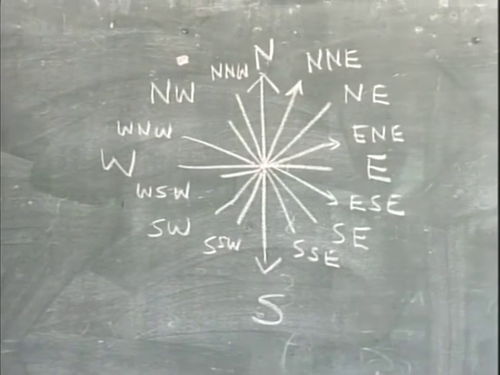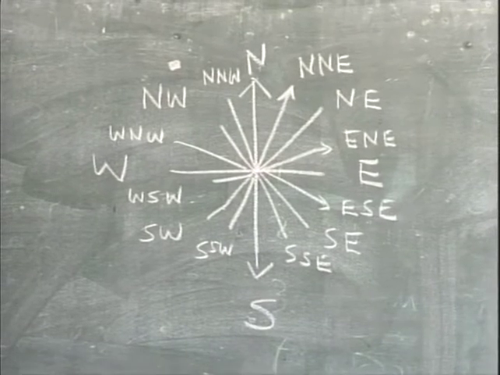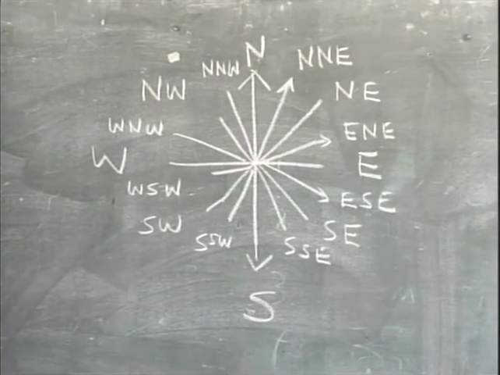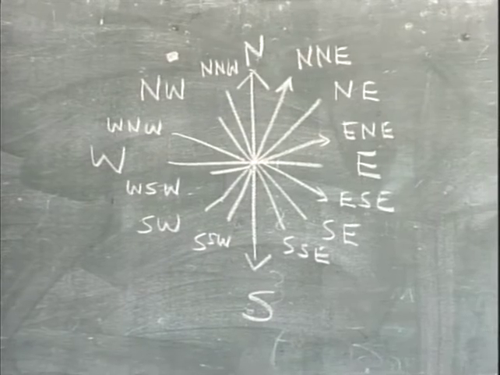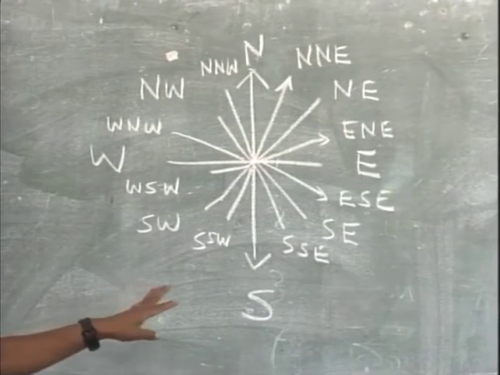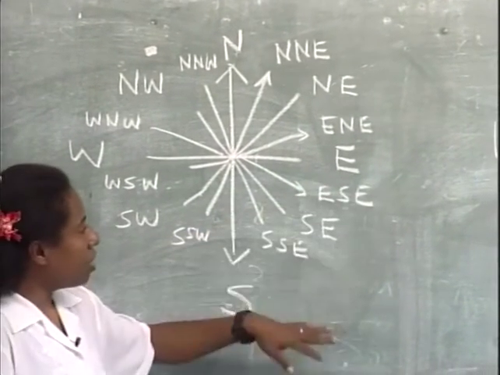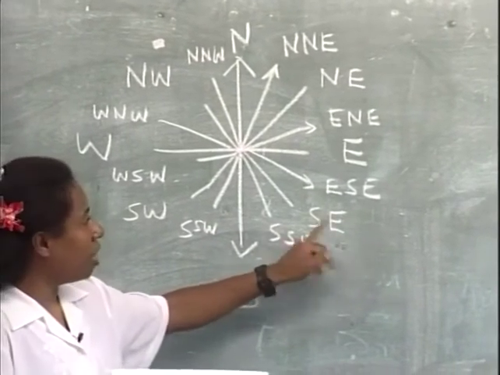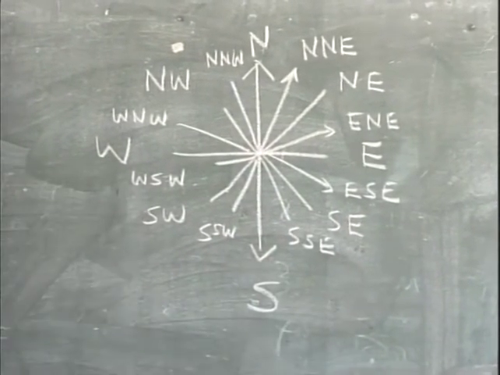So in our work, especially in grade 11 geography, you will be expected to use the 16 points of a compass when you are giving directions. If a place is between the east direction and the southeast direction, you would be expected to give the east-southeast direction.